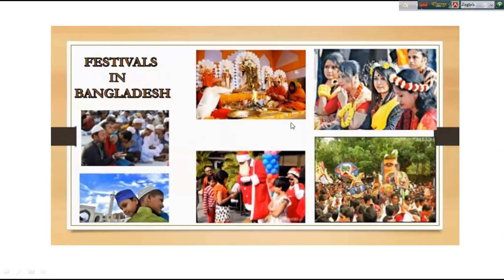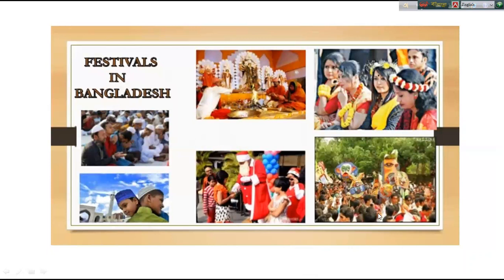Next, you know, culture means the way of life. It includes many things. It includes our food habits, our dress, our festivals. So festivals, you can write about them. Different community people live here in Bangladesh peacefully, and they celebrate their own religious festivals. So you can write about them.